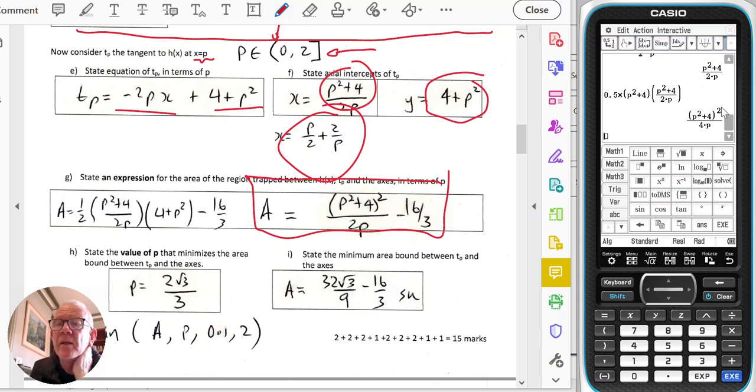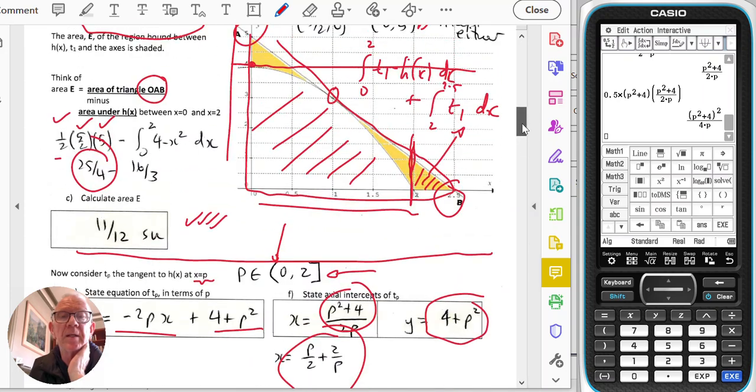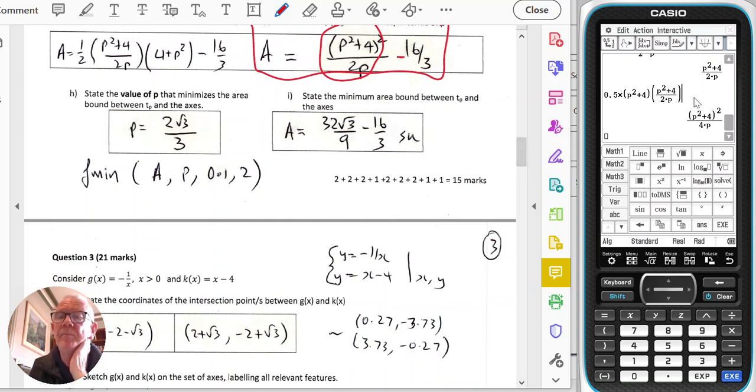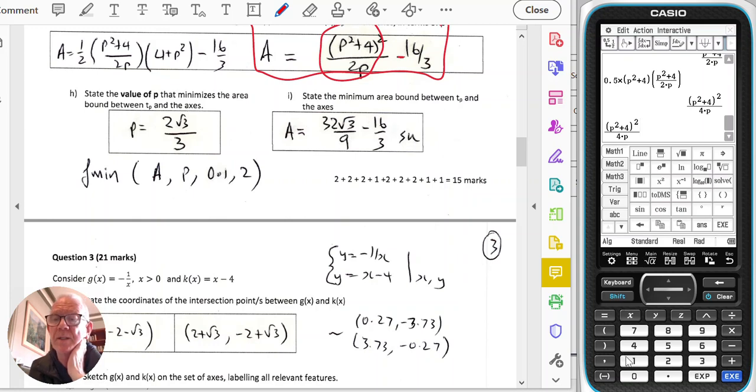That expression, minus the same integral as before, which is 16 on 3, because 16 on 3 doesn't change because that's this white bit here.